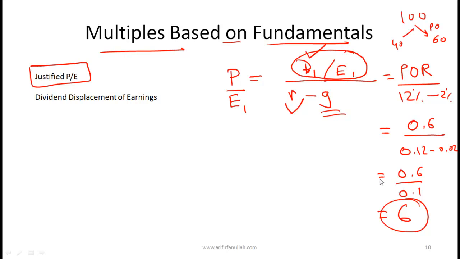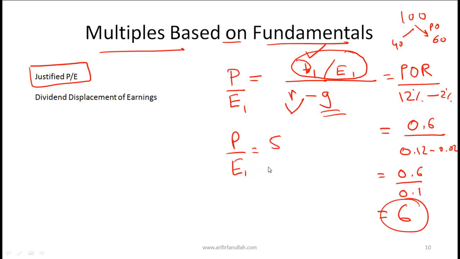How can we use this? Let's say our justified PE is 6, but in the market, given the actual market price divided by expected earnings, the PE is equal to 5.